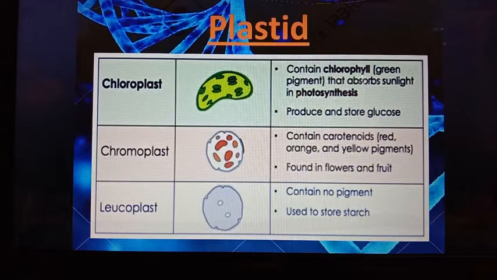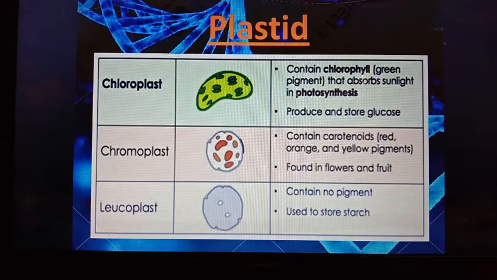These are colored plastids, preferably red, orange, and yellow pigments are present in the chromoplast. These are mainly found in colorful flowers and fruits and responsible for their bright colors.